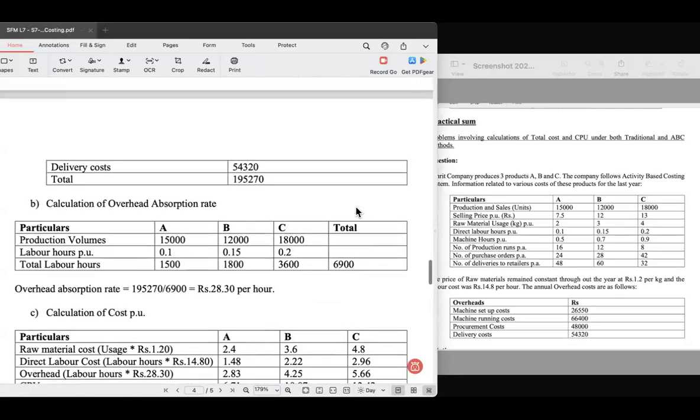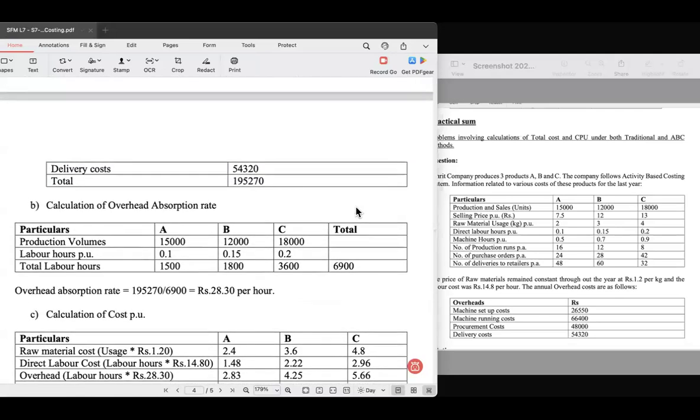Now, when we calculate the overhead absorption rate for traditional, what did we do? We took all the overheads and added them together. And then we took the total labor hours and got the overhead absorption rate.